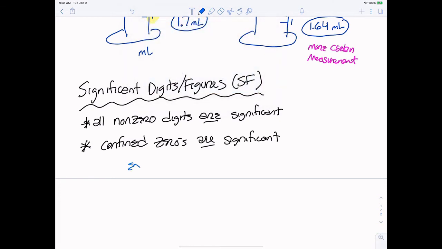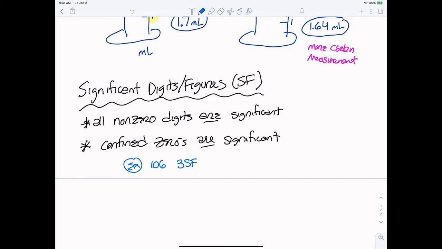So for example, 106. That 0 is between the 1 and the 6. The 1 and the 6 are not zeros, so they are significant. That 0 is between the 1 and the 6, so it's confined, so it is significant. So this would have 3 significant digits in it. So 3 sig figs.